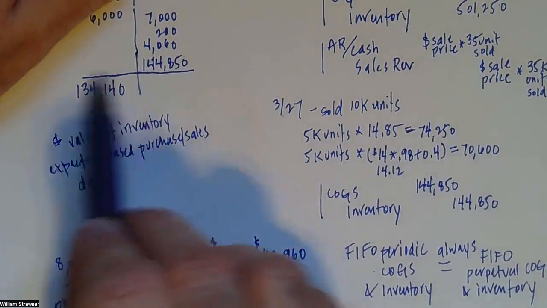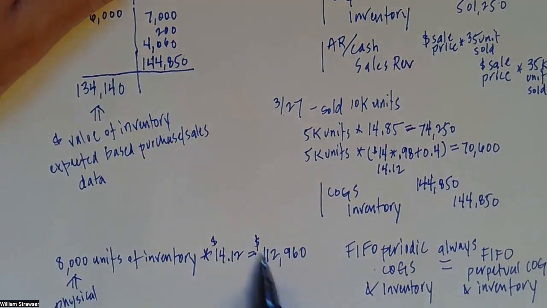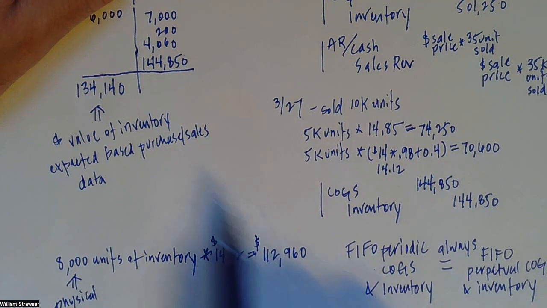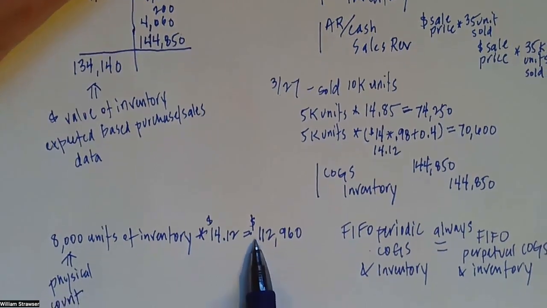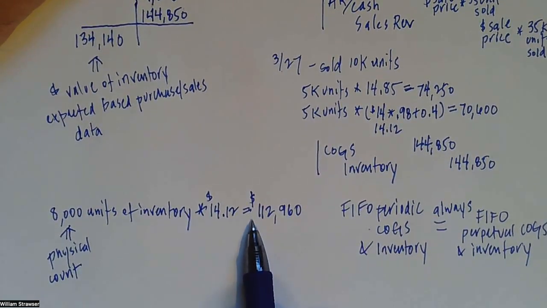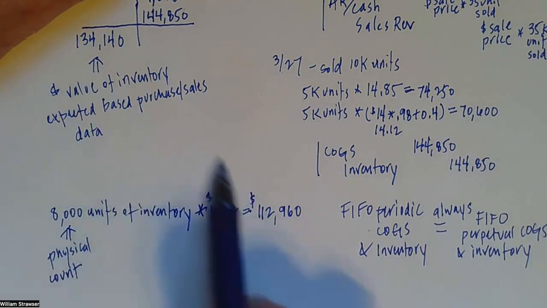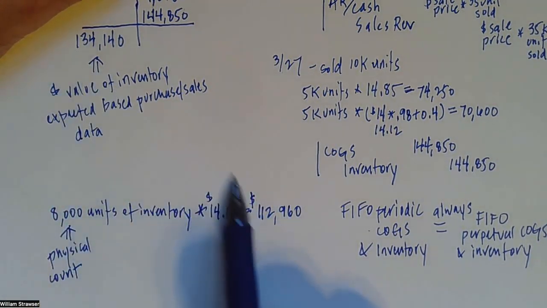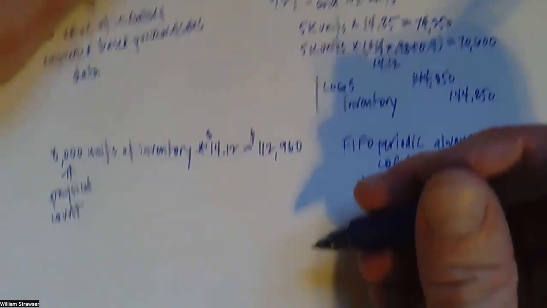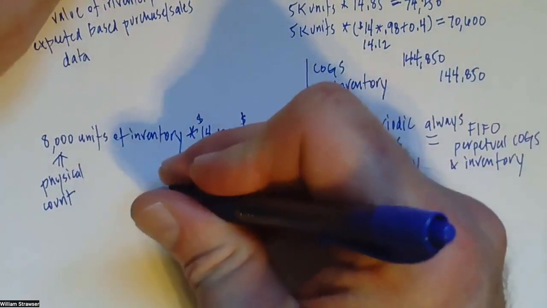So we got an expected amount, and then we have what our count indicated, right? Our expected amount and our count are both using a FIFO cost flow method. So these two, without any spoilage or theft, should be equivalent to each other, but they're not. So that means that we did have what we call inventory shrinkage.